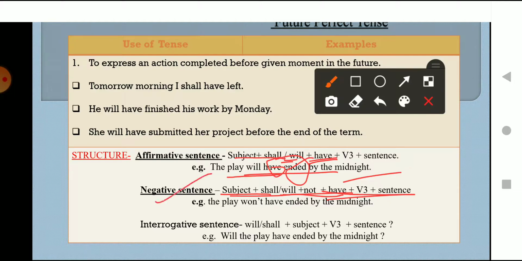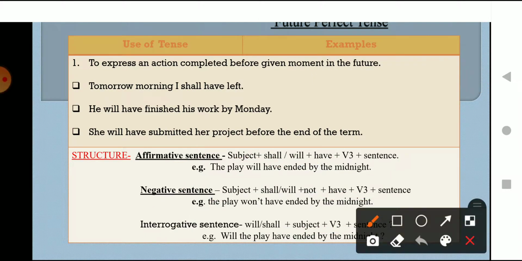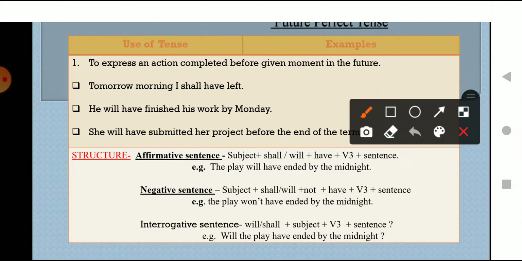Now let's see the interrogative sentence. We use will or shall plus subject, plus have, the third form of the verb, and then the remaining part of the sentence with a question mark at the end. Let's see an example. Will the play have ended by midnight?